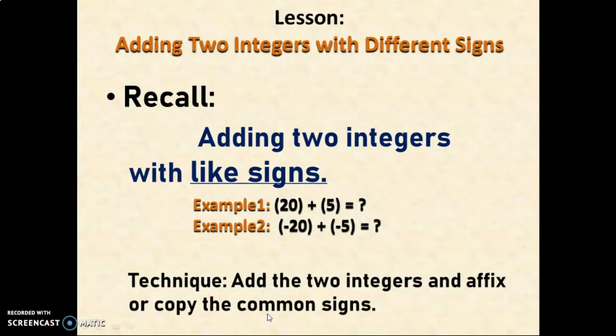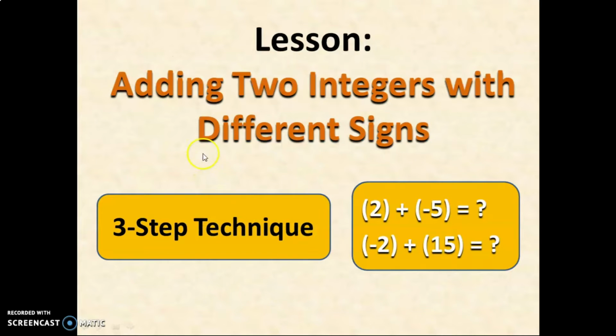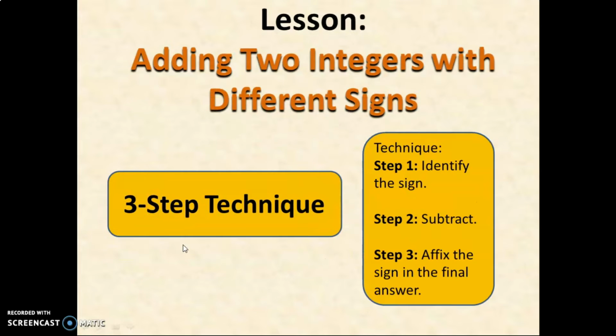Now what about in adding two integers with different signs? So we have here 2 plus -5, -2 plus +15. So magkaiba yung sign nila. What is the rule? Now in this lesson, I am not going to teach you any rule, but I am going to teach you a 3-step technique. What are the steps, I should say?